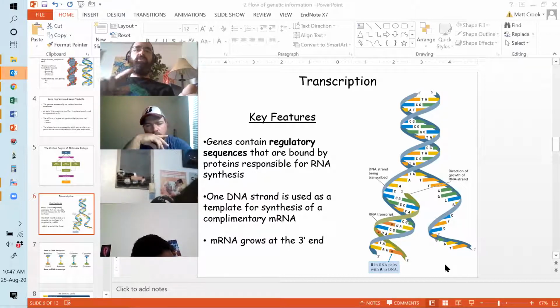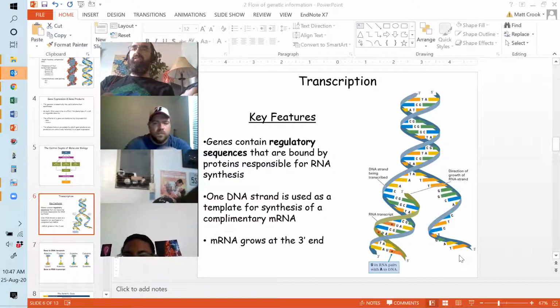But one way that you can double check that is the transcript, the mRNA, is going to be a carbon copy of the coding strand, with the sole exception that thymines are changed to uracils, right? And so if you look at this strand over here, we've got a thymine, uracil, adenine, adenine. It doesn't work out perfectly because of the way they've done the picture.